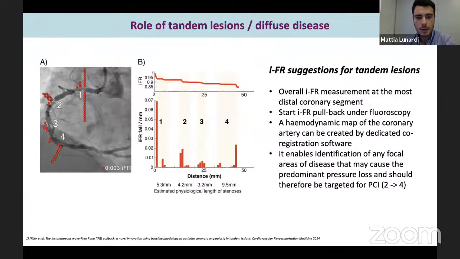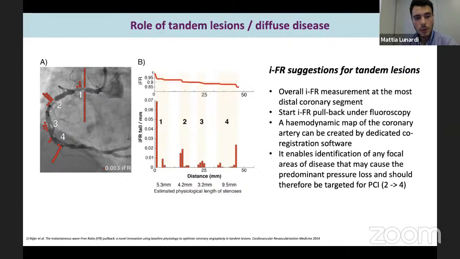So we can see that in picture A, the software represents with different numbers of points the pressure drops across the multiple stenoses that this vessel presents. And each point represents a drop in the pressure, a Pd/Pa ratio of the iFR of 0.003.